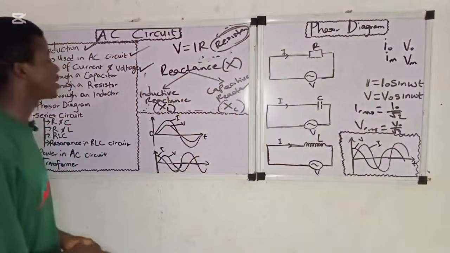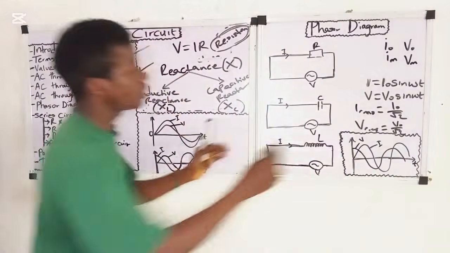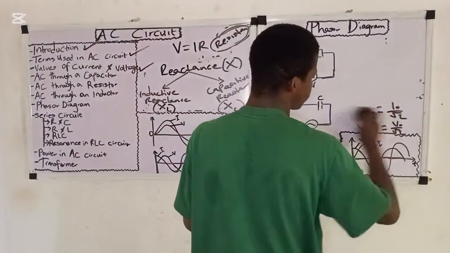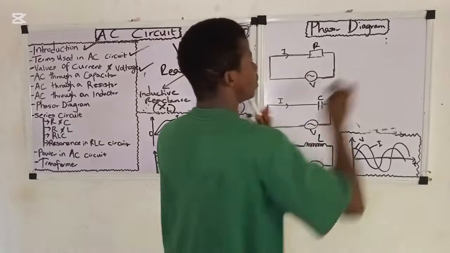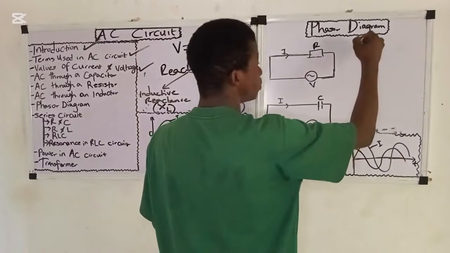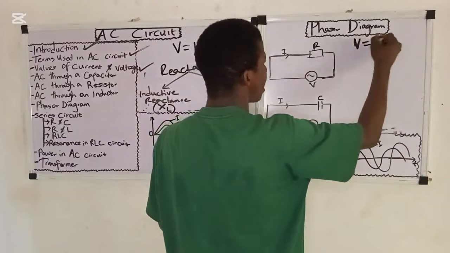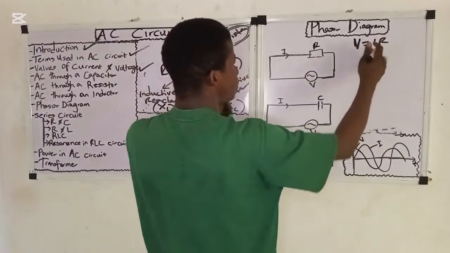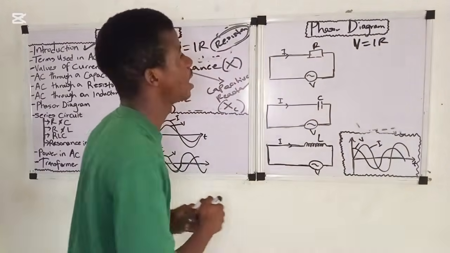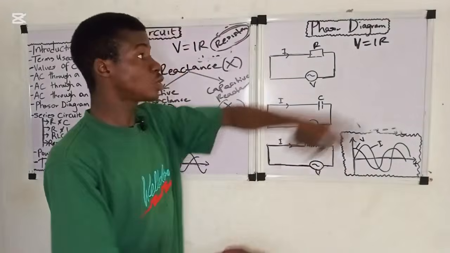Now, in summary, if you want to take notes, just take notes of this. We know that V is equal to I R, right? R is resistance, according to Ohm's law.